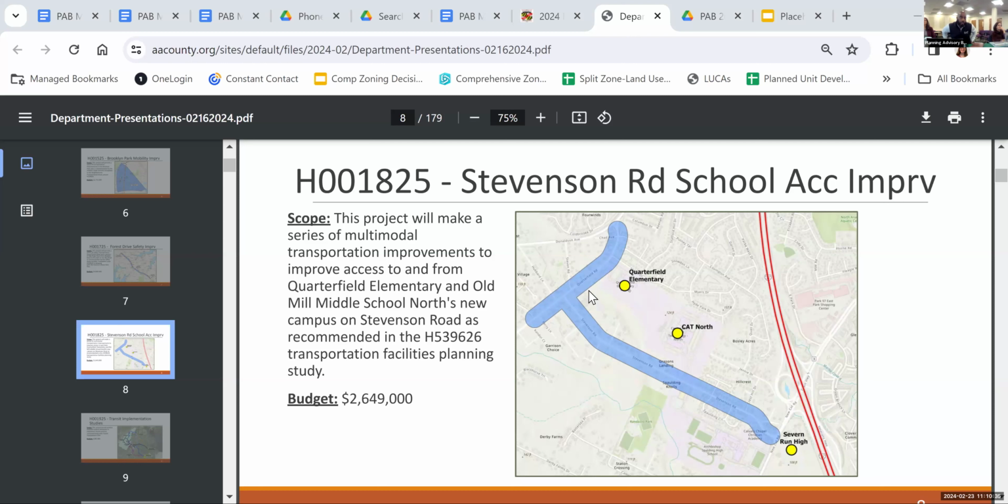Right, and the intent was to install this so that the existing houses out there were able to use it to get to the two schools, primarily to get to Porterfield and the Cat North site. Okay, because we don't want to build sidewalks in nowhere. Right, but we want to make sure that they connect.